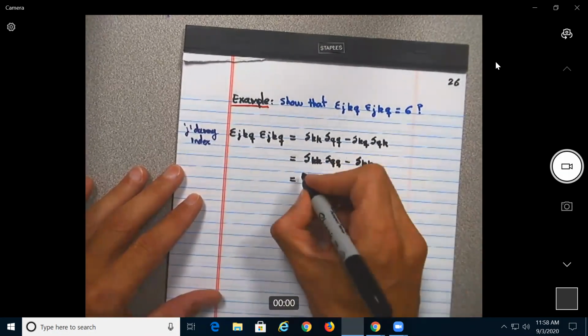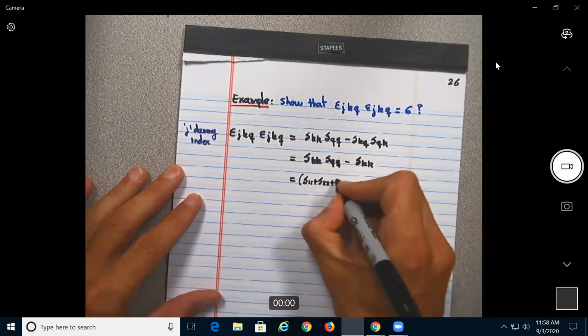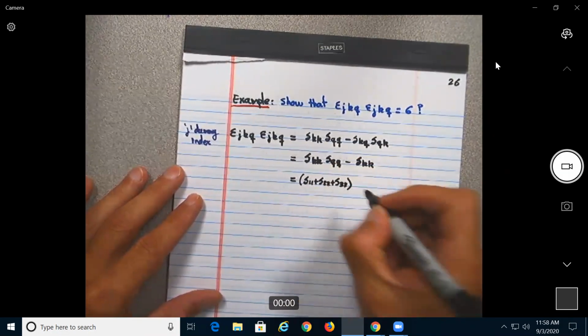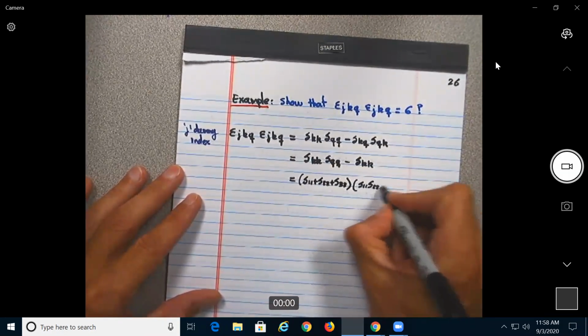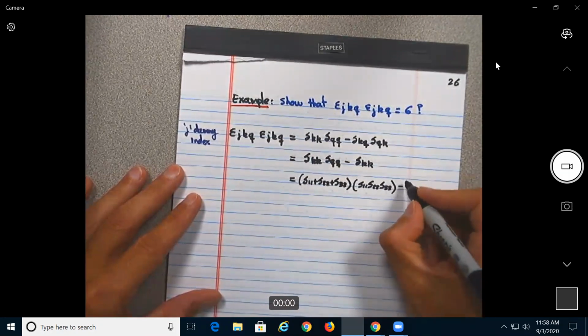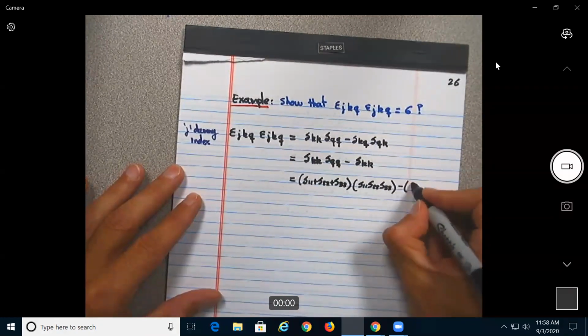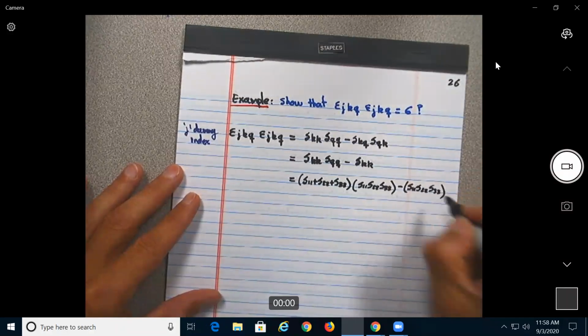So this will be equal to what? Delta 1,1 plus delta 2,2 plus delta 3,3 times delta 1,1, delta 2,2, delta 3,3 minus delta 1,1, delta 2,2, delta 3,3.